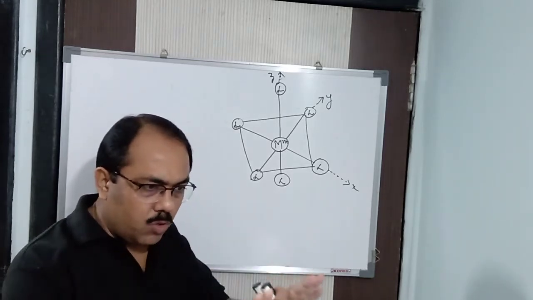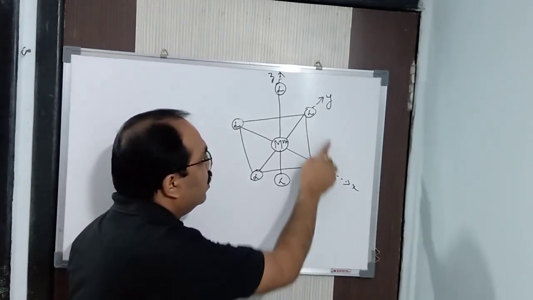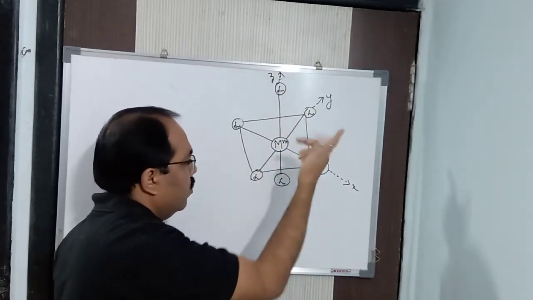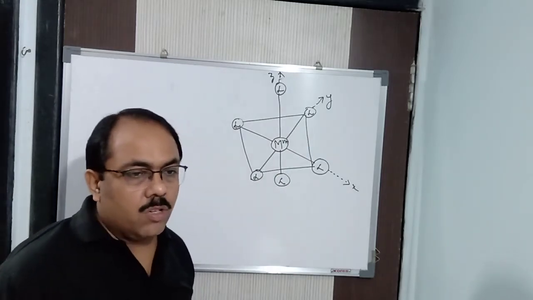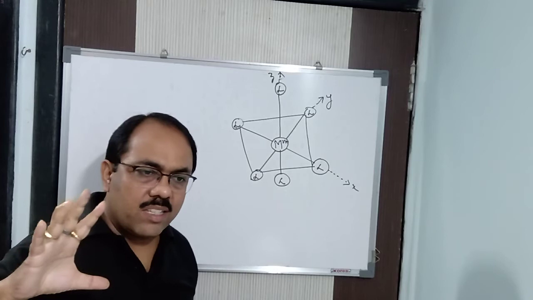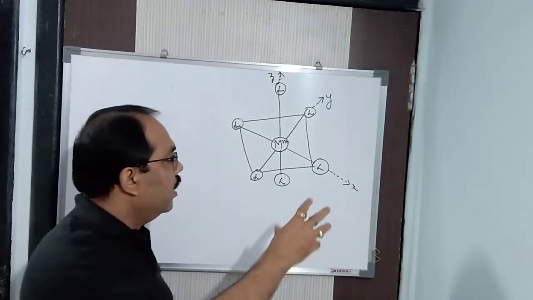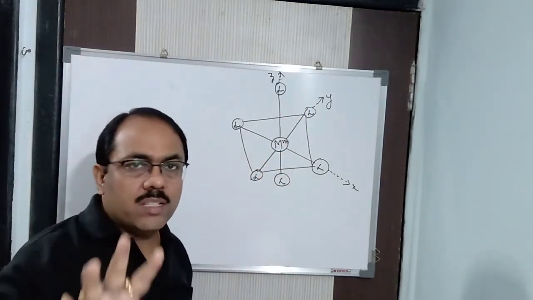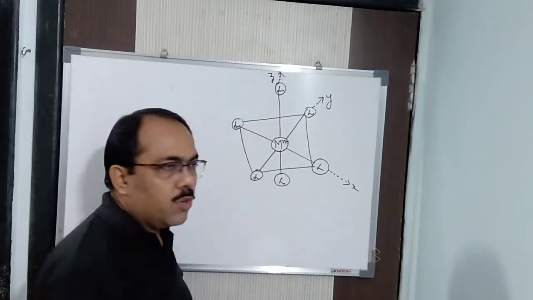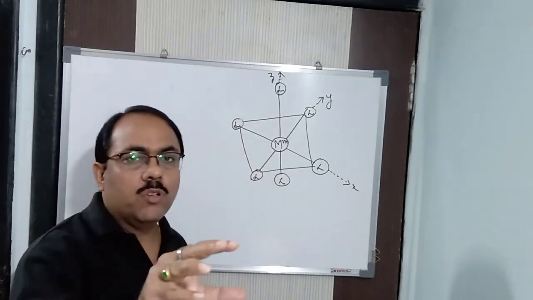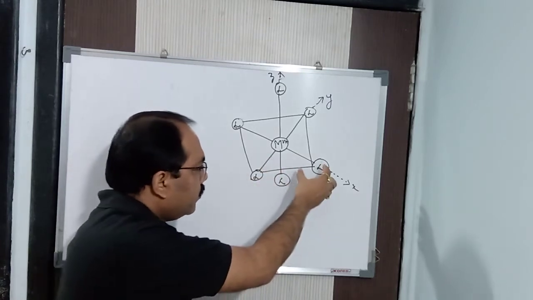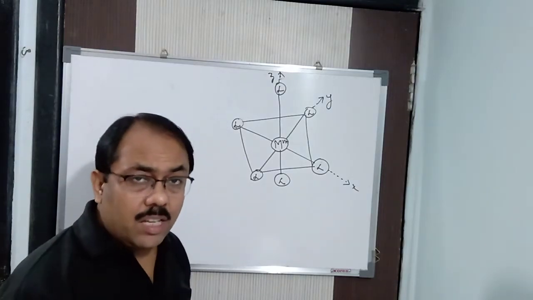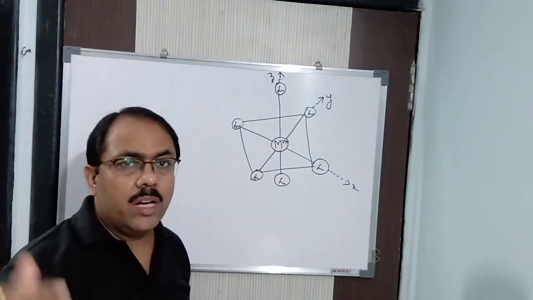So when the ligands approach the central metal atom or ion, how are they approaching? They approach along the axes. So which orbitals are axial? dx²-y² and dz² are axial.